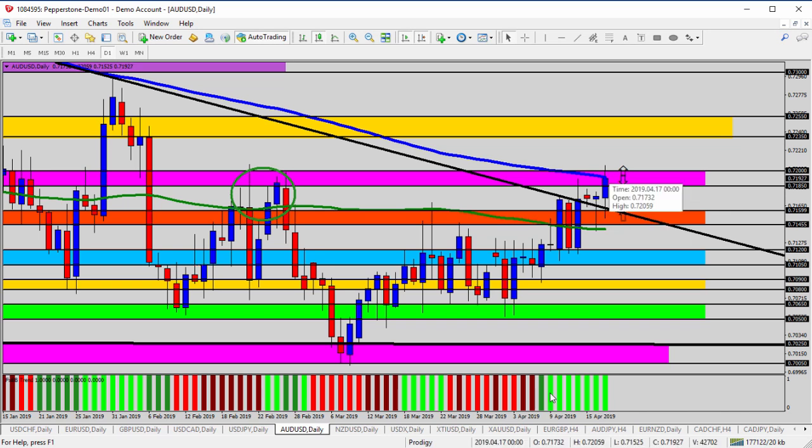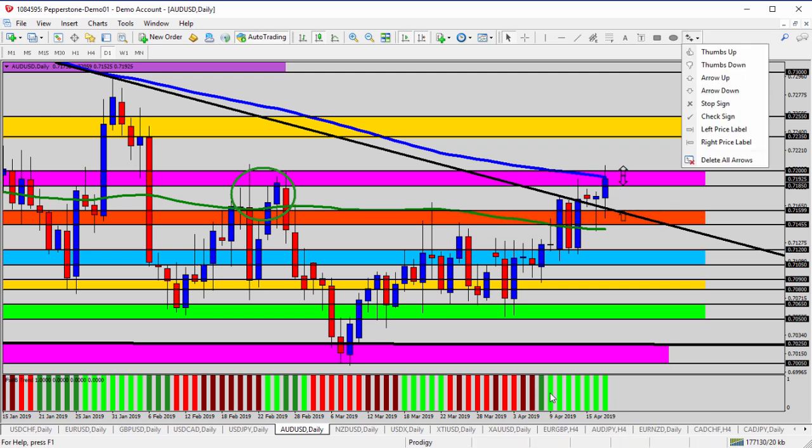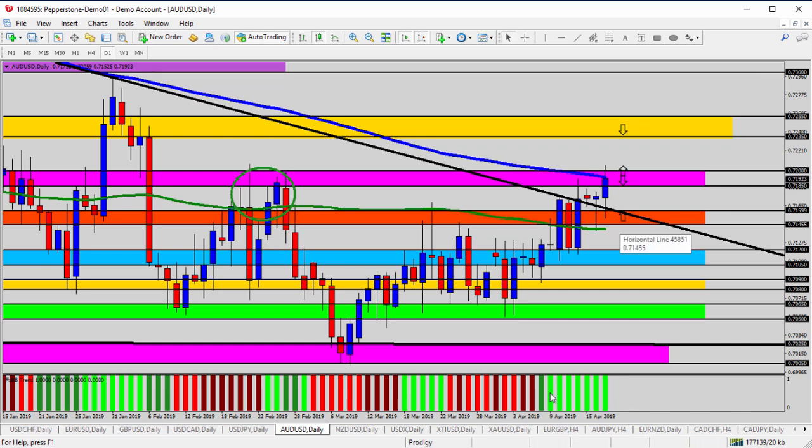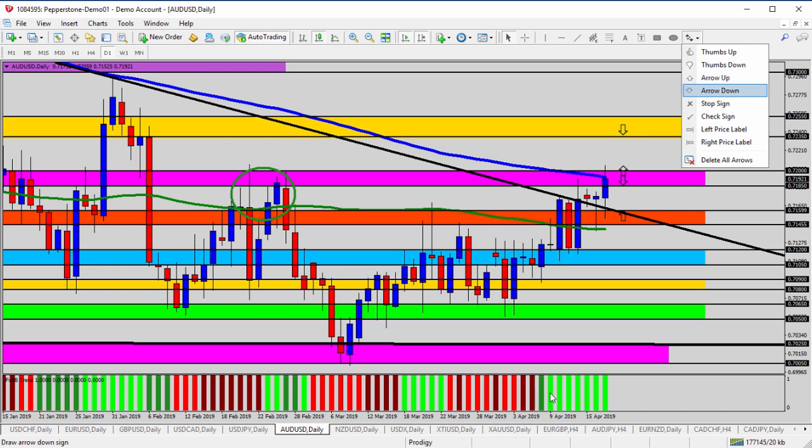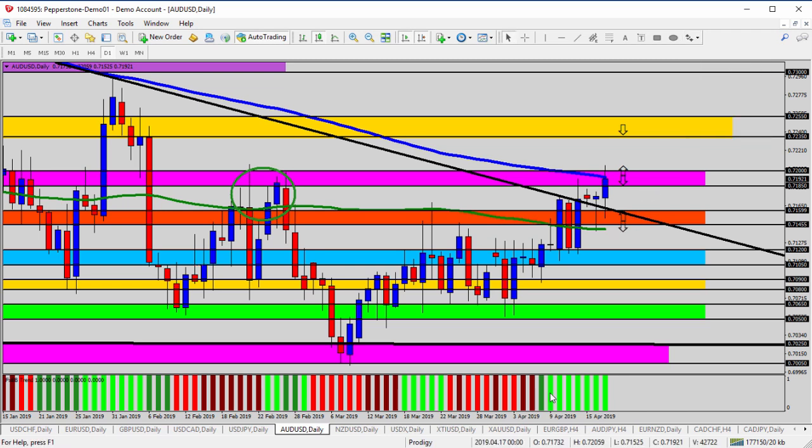So we know one of two things is going to happen at the pink shaded area. Either it's going to break the moving average, break the pink zone, and start moving higher and continue the rising trend, or it's going to find resistance, fall back off, get back underneath the orange zone, and resume a downtrend. That's what we're waiting on to see, evidence of one of those two things: either a break above the pink zone or a bounce off it to go back down.